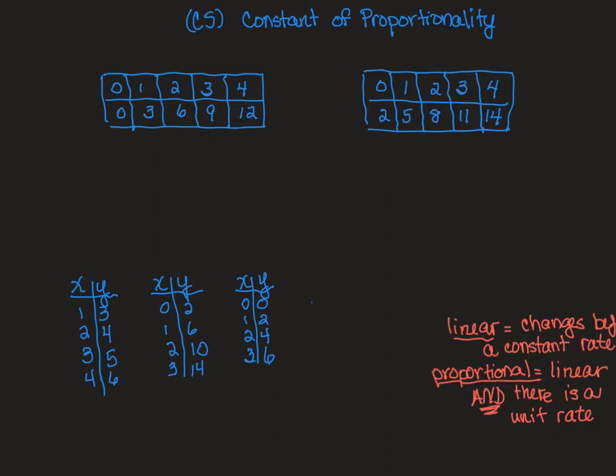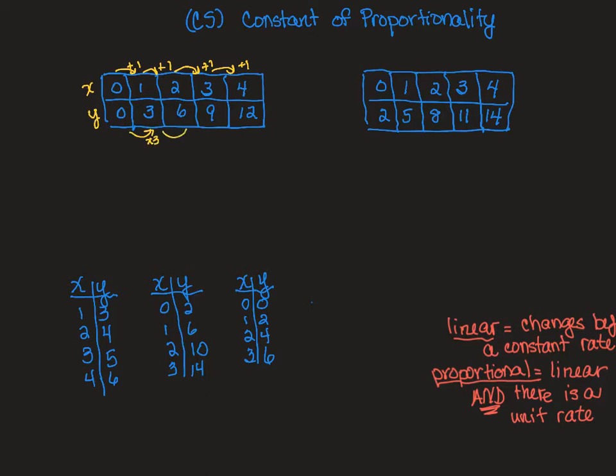We said that linear, and I'm looking down at the red, says changes by a constant rate. So I know that each time x goes up by 1, plus 1, plus 1, the y goes up by the same amount every time.